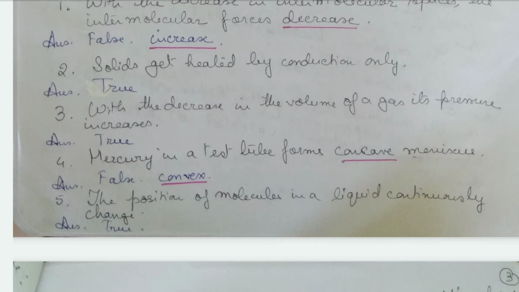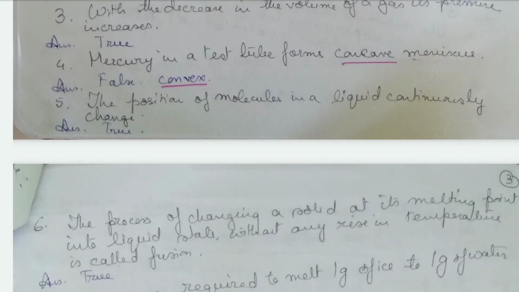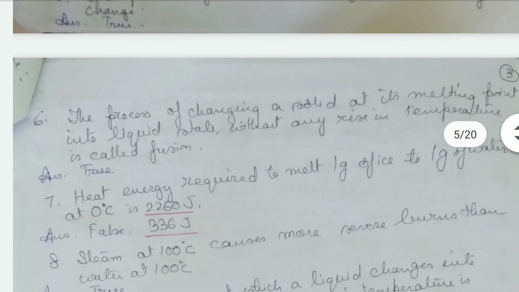False, it forms a convex meniscus. The position of molecules in a liquid continuously changes. That's true. The process of changing a solid at its melting point into liquid state without any rise in temperature is called fusion. That's true.